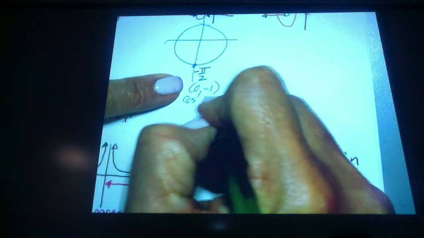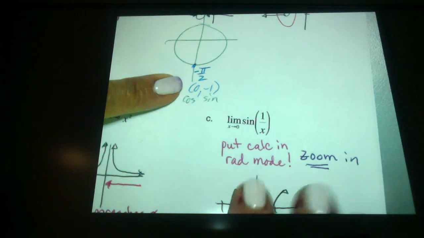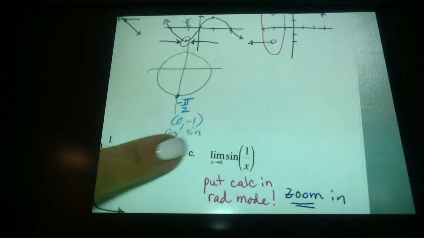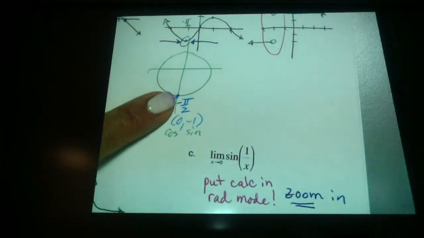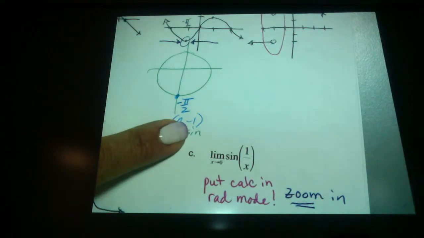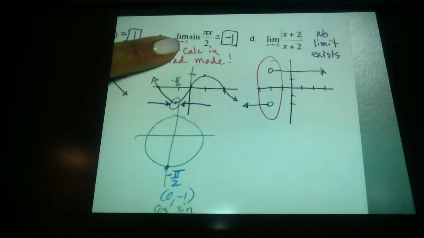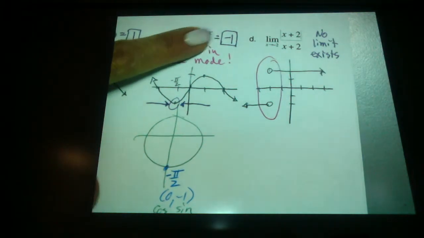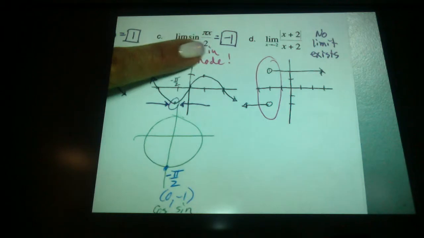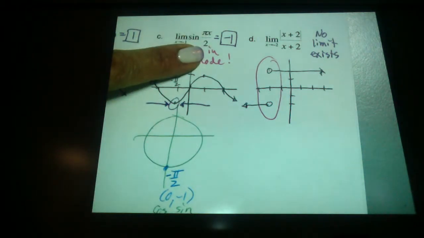If you think about it, isn't this cosine and sine here? Isn't the sine of negative pi over 2 negative 1? So as our limit approaches negative 1, in other words, if I put negative 1 in there, the value of this is the sine of negative pi over 2.